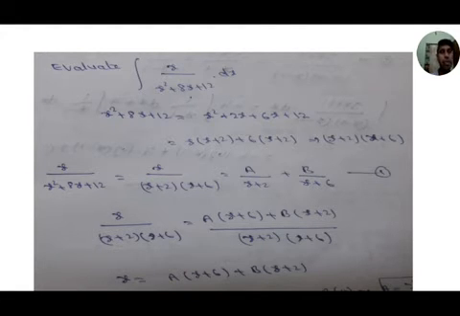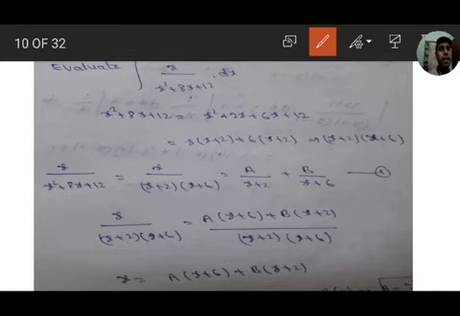Here also we have to factorize the denominator first. X square plus 8x plus 12: 8x can be written as 2x plus 6x, so x square plus 2x plus 6x plus 12. In the first two terms, x is common: x into (x plus 2).